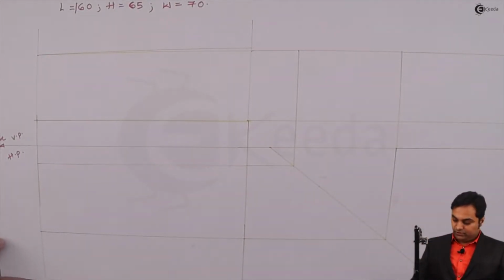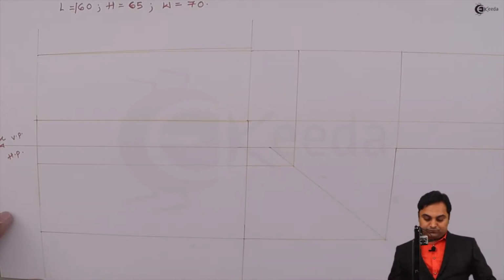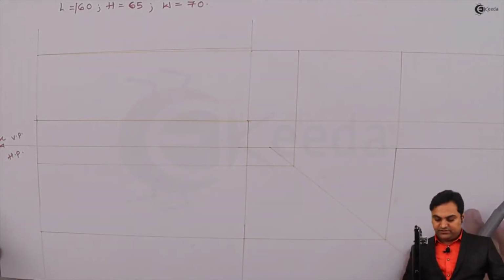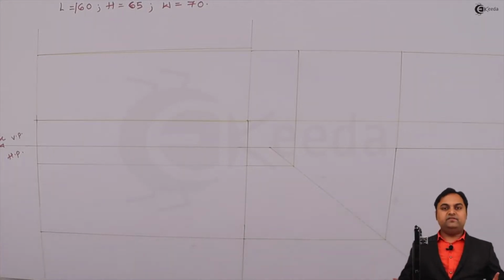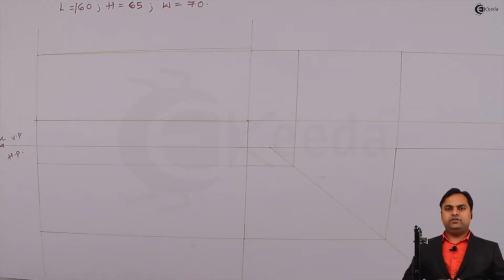So getting the width from the top view, here is a rectangle inside which I'm going to draw the side view. Now whenever we have an orthographic projection, we have to start with the front view first.